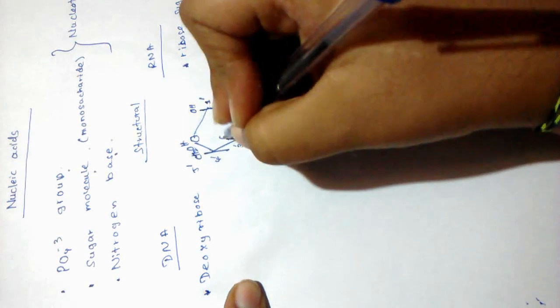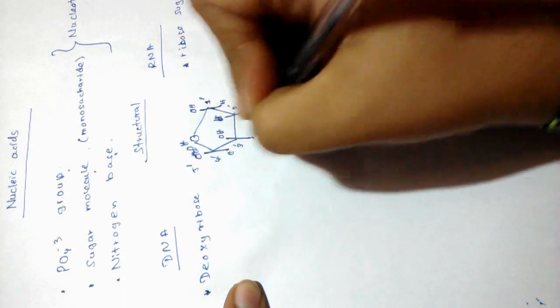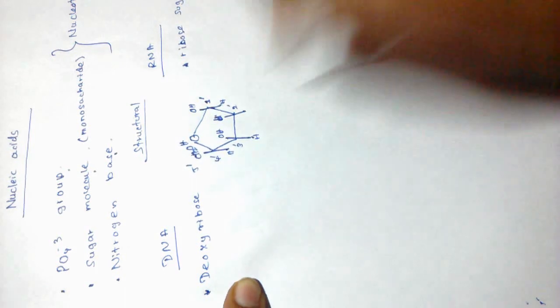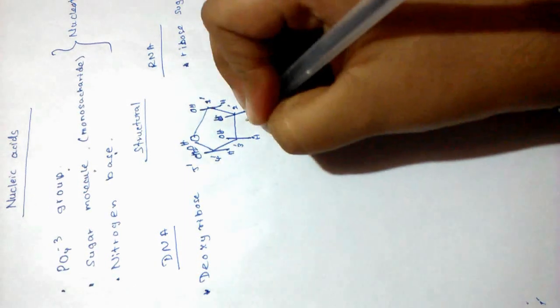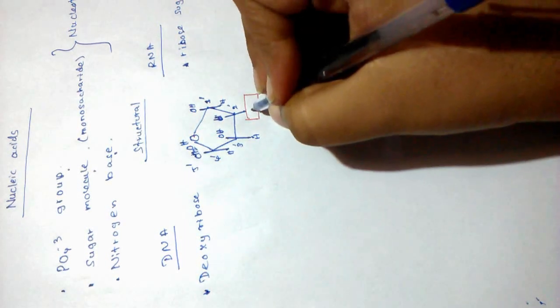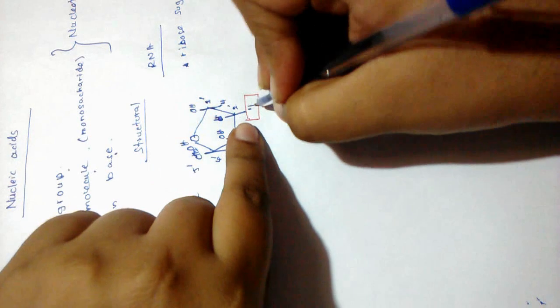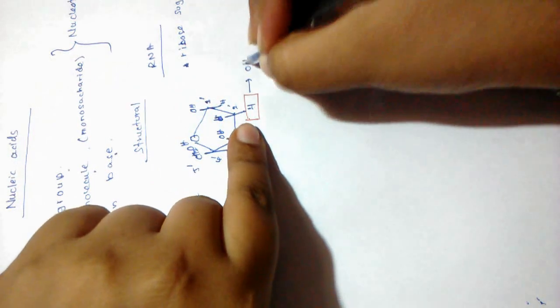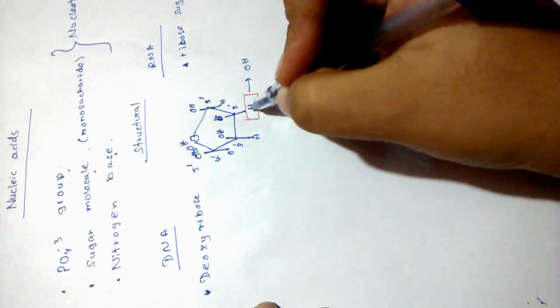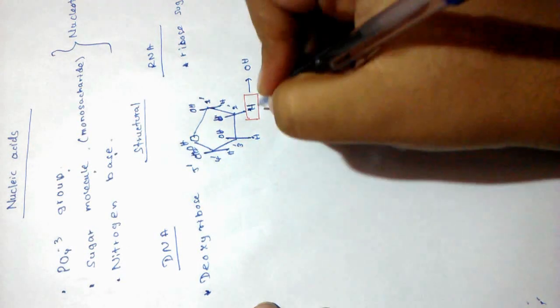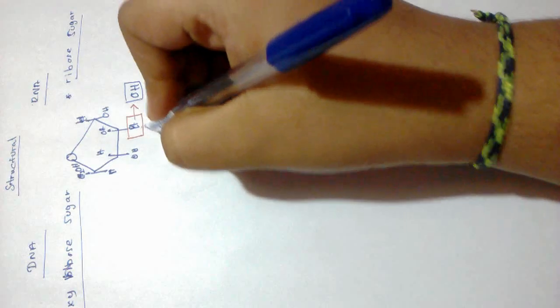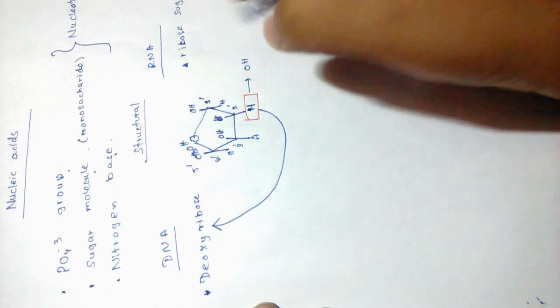H, OH, H like this. Here, it can be an H or an OH group. If it is an H group, we call it deoxyribose sugar.